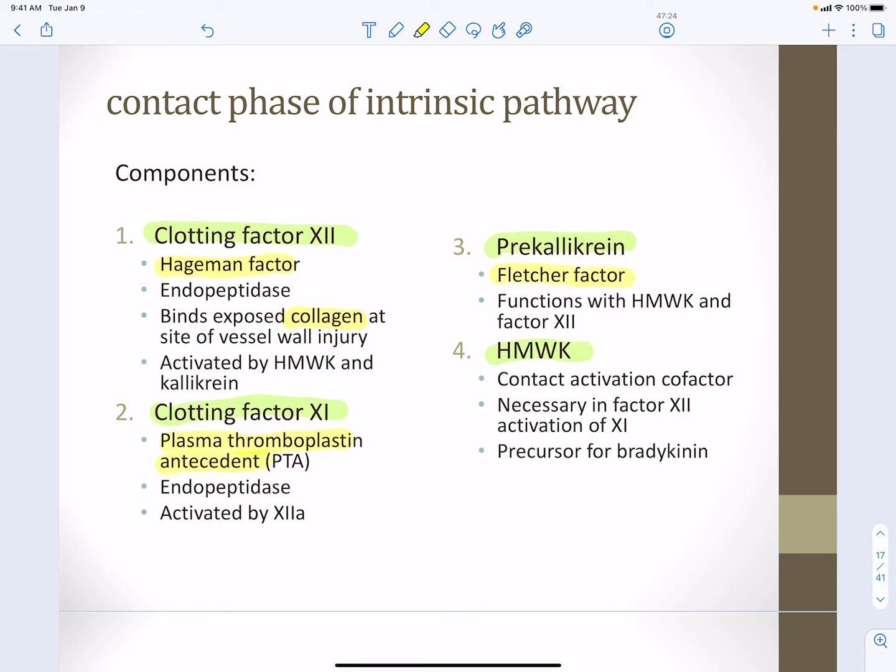This is going to interact with high molecular weight kininogen and factor 12 as well. And then, of course, we have our high molecular weight kininogen, which is going to be a contact activation cofactor. And this is necessary in activating factor 12 and factor 11. Of course, as we just saw, it is a precursor for bradykinin.